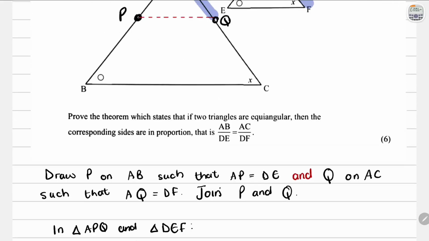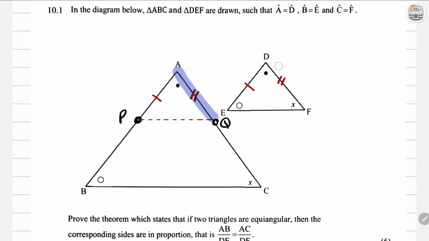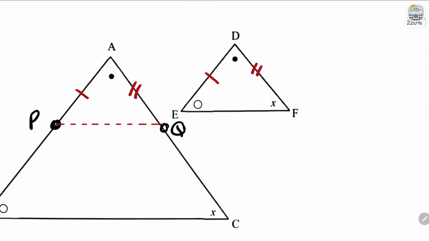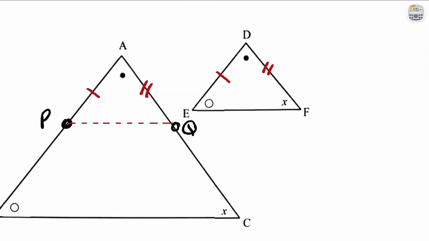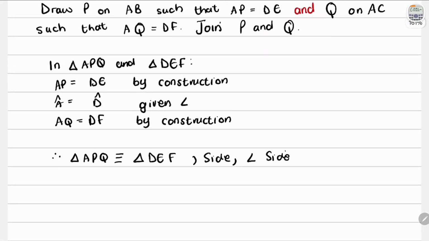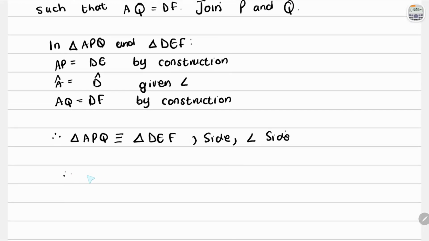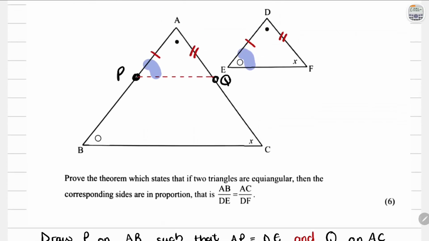Okay, now that these two triangles are congruent, so in other words, exactly the same, their corresponding sides and angles are all equal, it means now their angles are also equal. So this means that this angle over here, that we'll call APQ, is equal to this angle over here. So we can conclude now. Tell them that angle APQ is finally equal to that angle E.